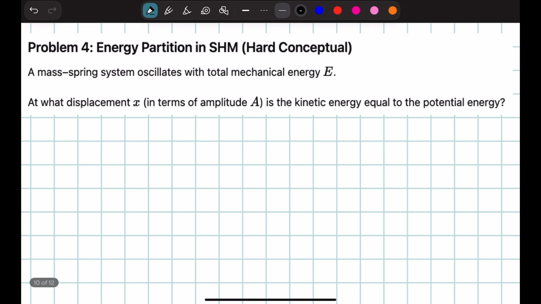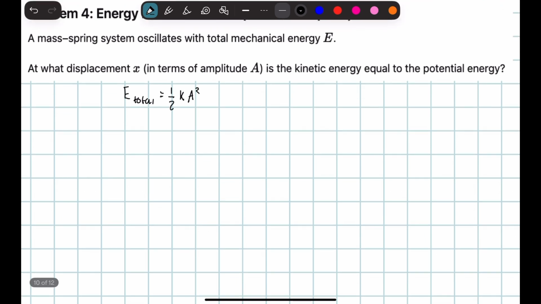A mass spring system oscillates with the total mechanical energy of E. At what displacement x in terms of amplitude A is the kinetic energy equal to the potential energy? So we know that your total energy is going to be 1/2 k times the amplitude squared, and the kinetic energy at the displacement x is going to be E minus 1/2 kx squared.